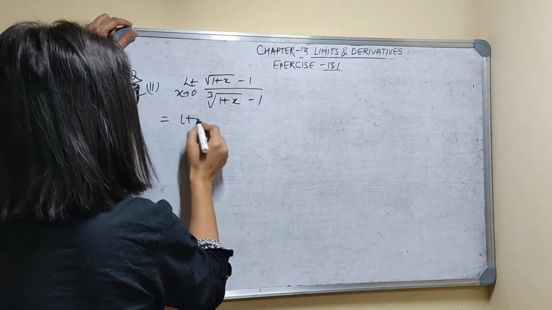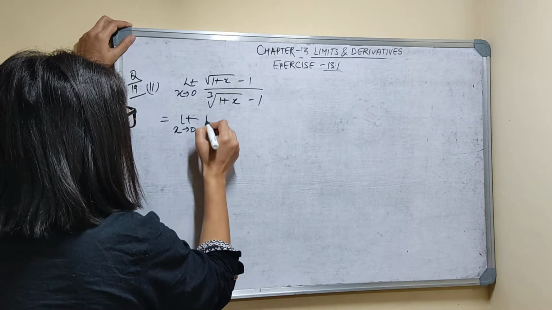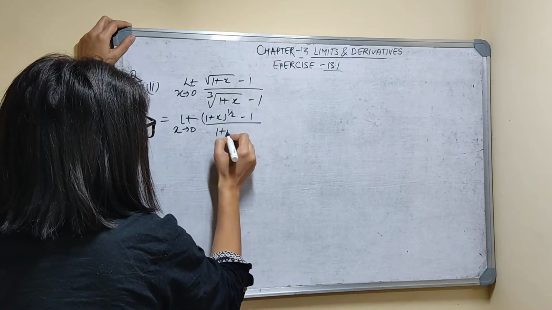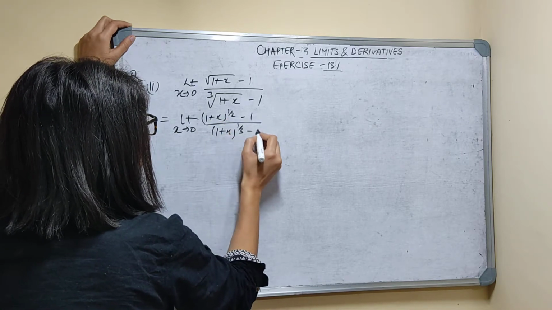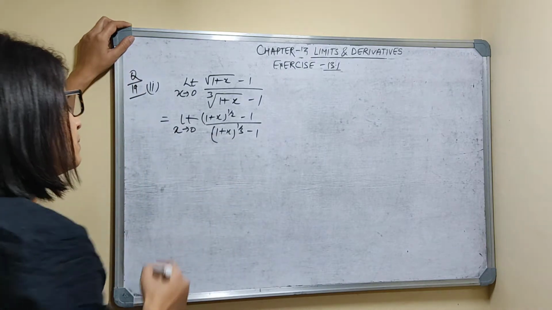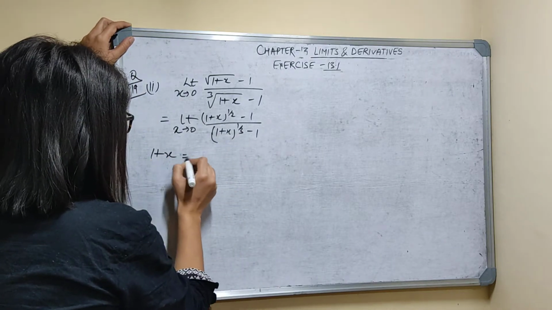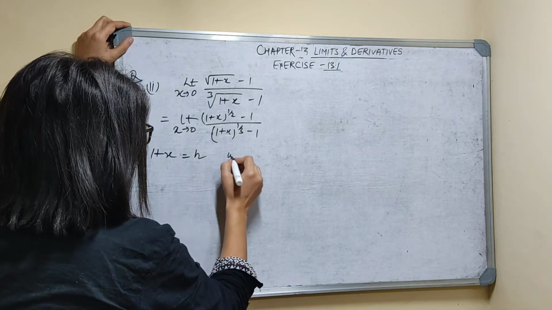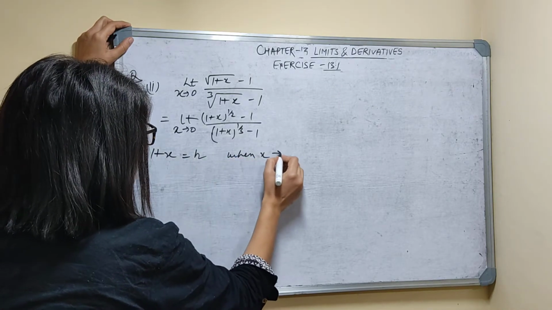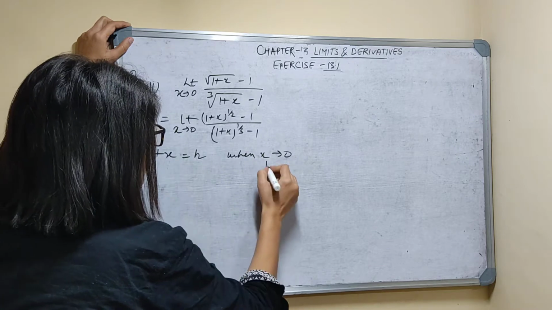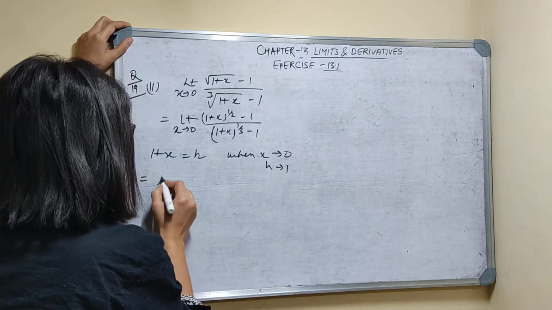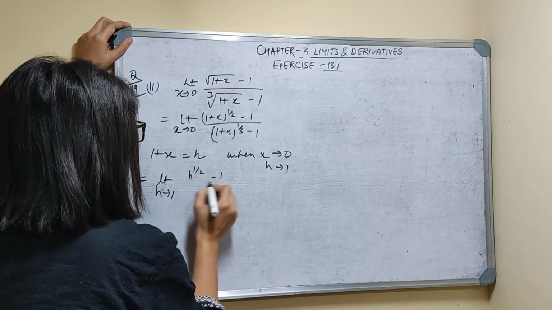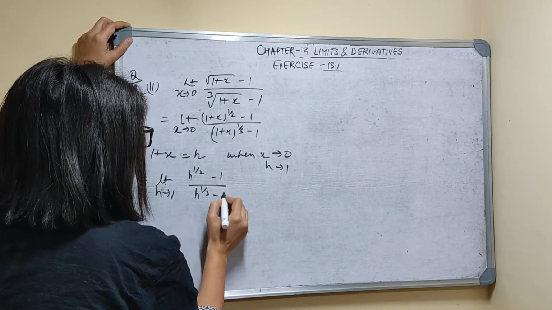So I can write this as (1 plus x) power 1 by 2 minus 1 upon (1 plus x) power 1 by 3 minus 1. Same, I can take 1 plus x equal to h. So when x tends to 0, h tends to 1, and I can change the limit: h tends to 1, (h power 1 by 2 minus 1) upon (h power 1 by 3 minus 1).